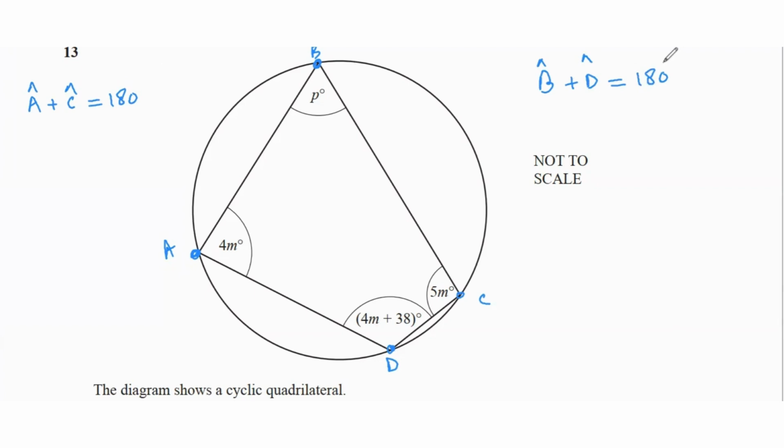Using these two properties, we can figure out what the values of m and p are. A is 4m and C is 5m. So that's 9m equals 180. So m is 180 divided by 9, and that's 20 degrees.